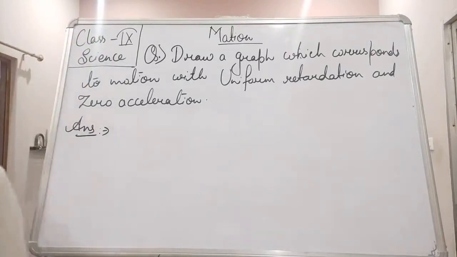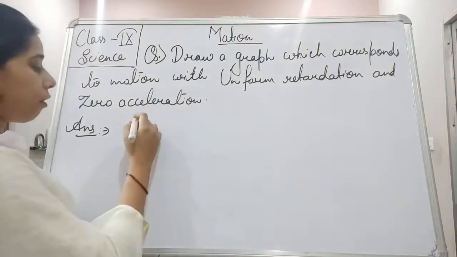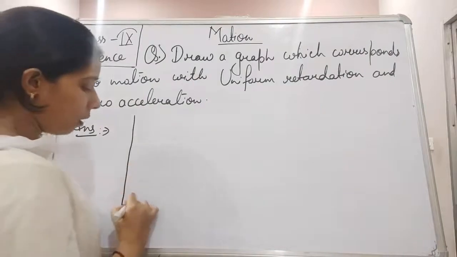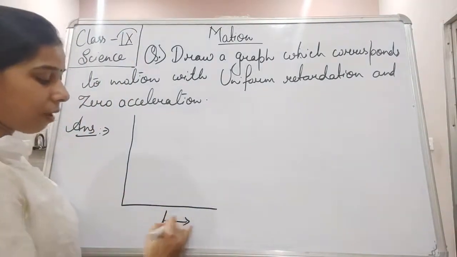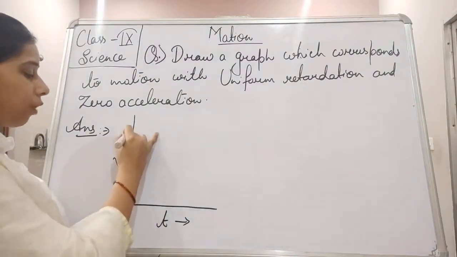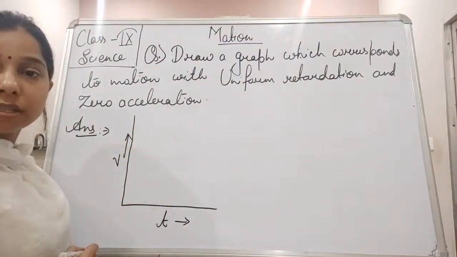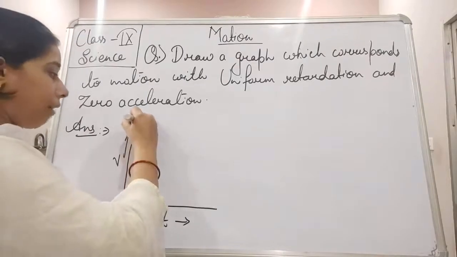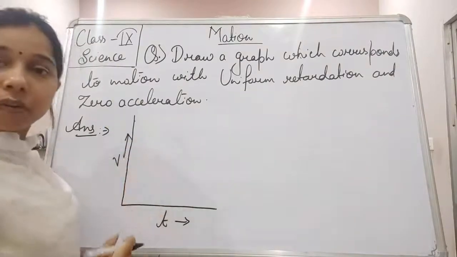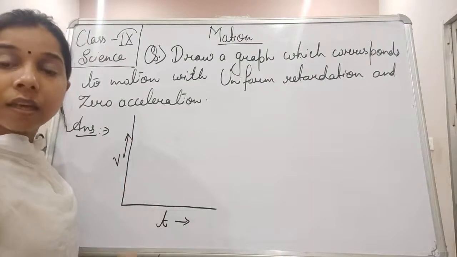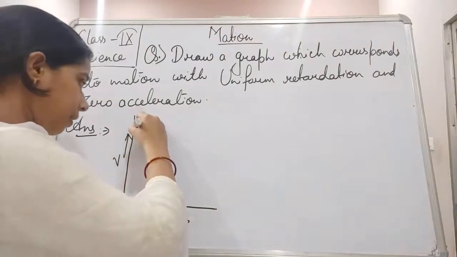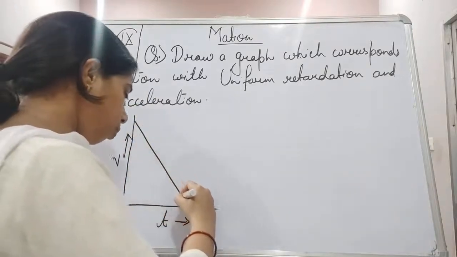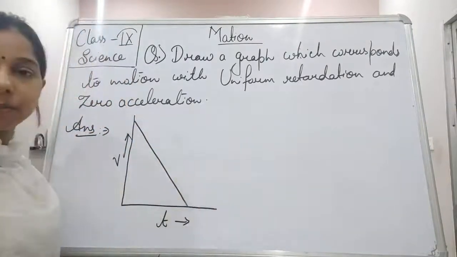So the kind of graph that we get for the uniform retardation will be like this. This is the velocity time graph, students, you know it. This is for time, and this is for velocity. Since it is decreasing, it already has some initial velocity, and now it decreases, so the speed will keep decreasing and come to rest, so the graph will be like that.